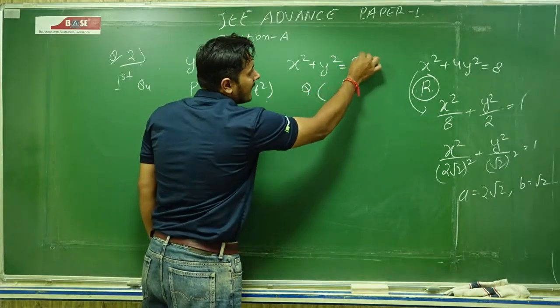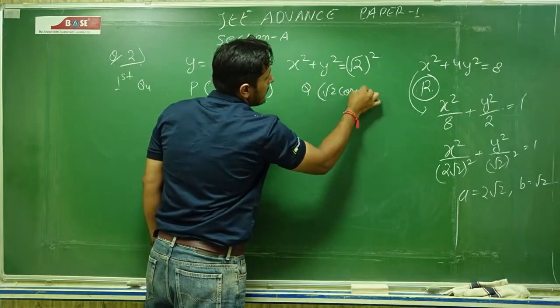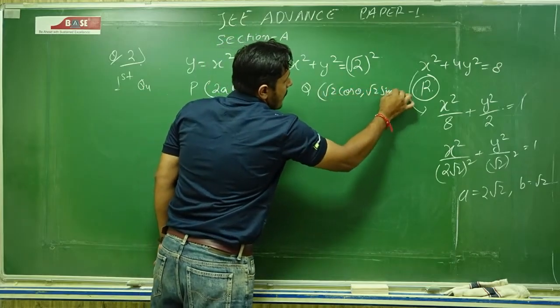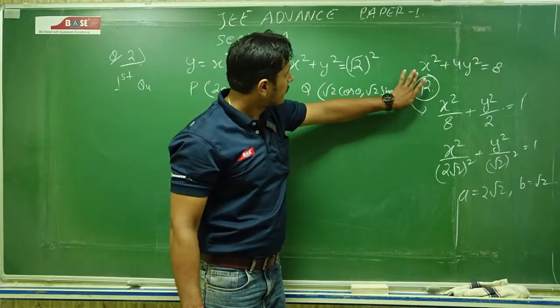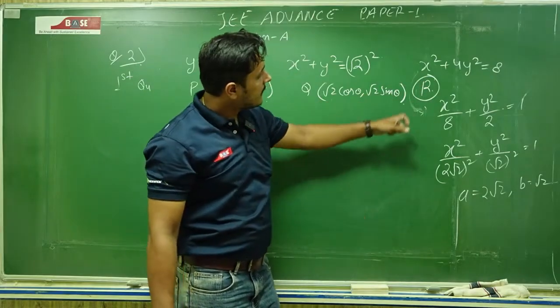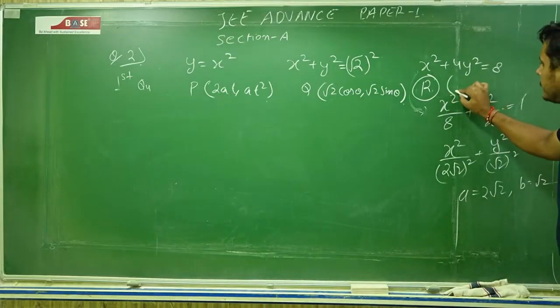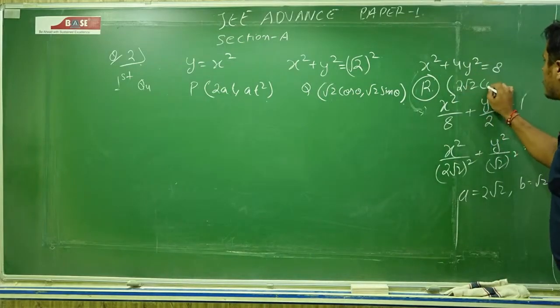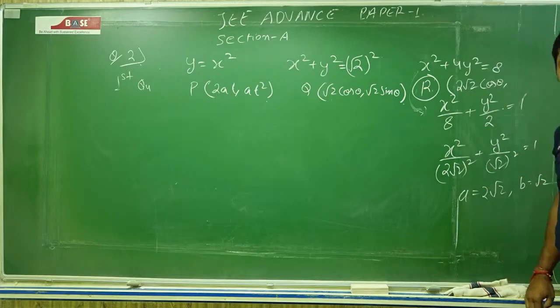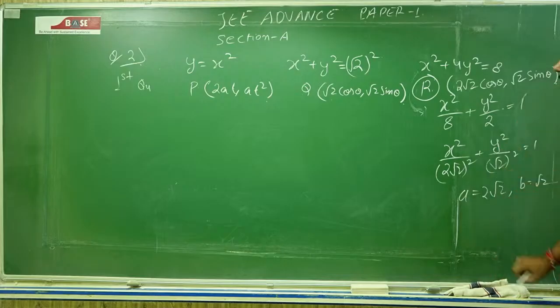R is root 2, so this will become root 2 cos theta, root 2 sin theta. Similarly for R, the parametric coordinate for the ellipse is a, that is 2 root 2 cos theta, comma b, that is root 2 sin theta.